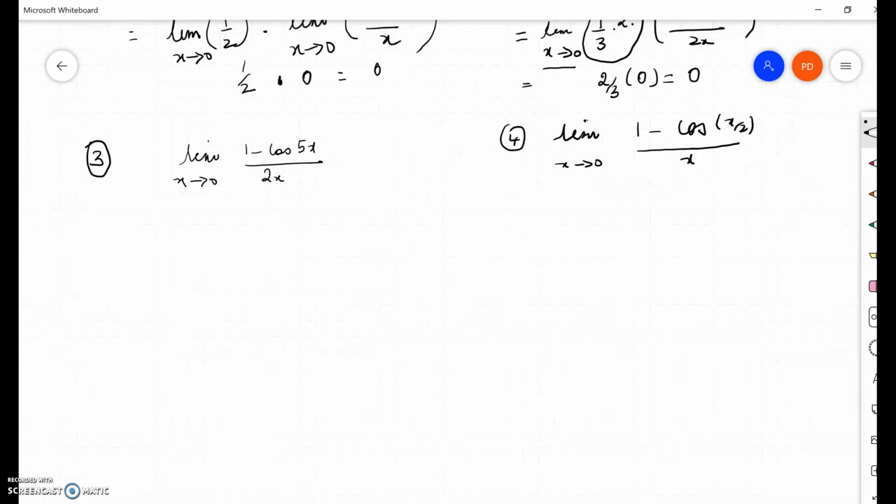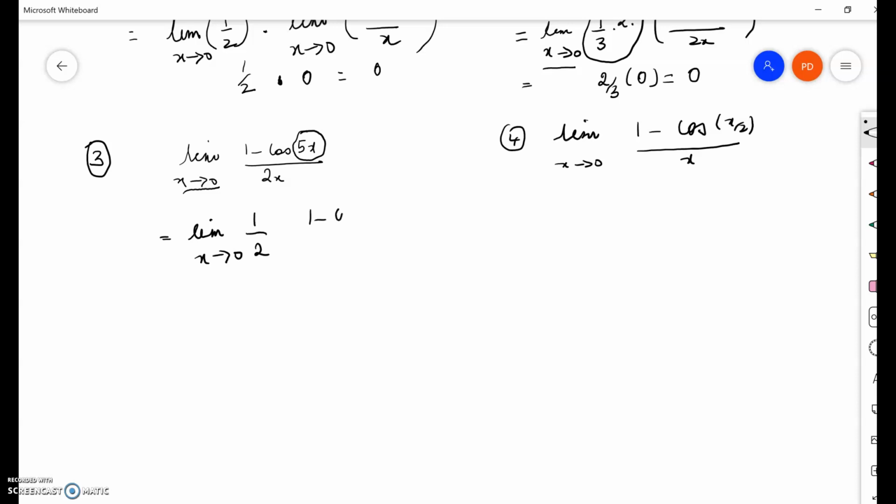Now let's look at the next one, and you get the idea now. If you see a 5x here, as of course make sure x is approaching 0, we need to see a 5x in the denominator as well. So let's rearrange terms. So limit as x approaches 0, I move the 2 away from the 2x so we write it as 2 times x.